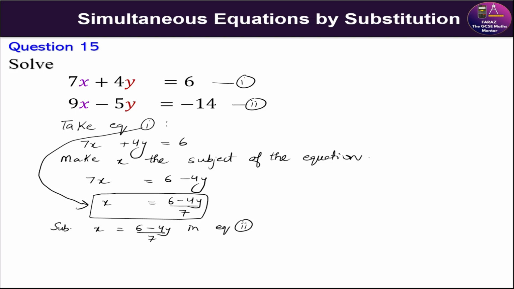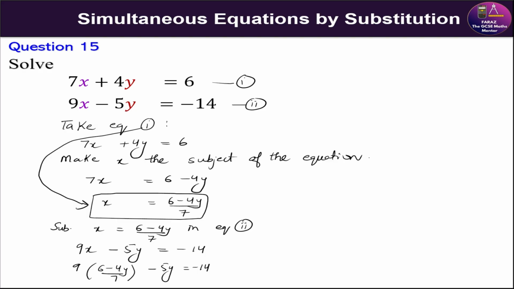So you have to write equation number 2 first: 9x minus 5y equals negative 14, and then 9 bracket 6 minus 4y over 7, close the bracket, minus 5y equals to minus 14.